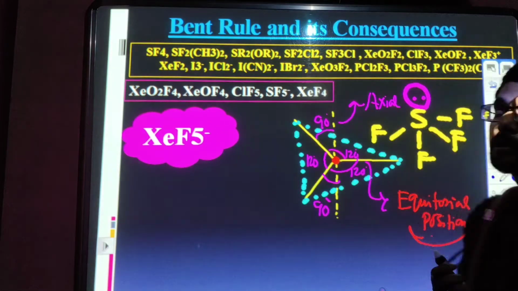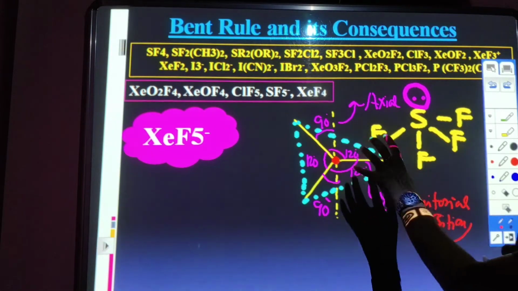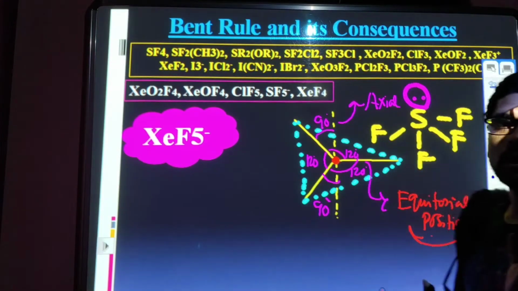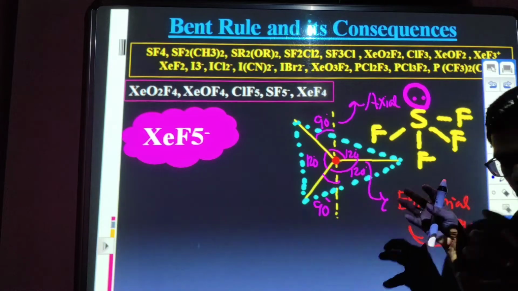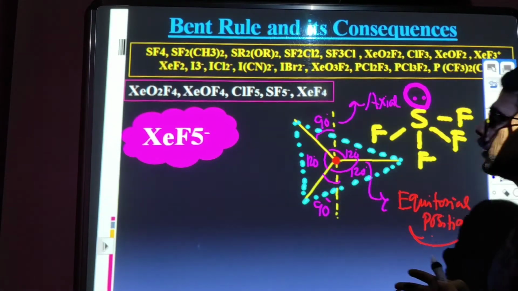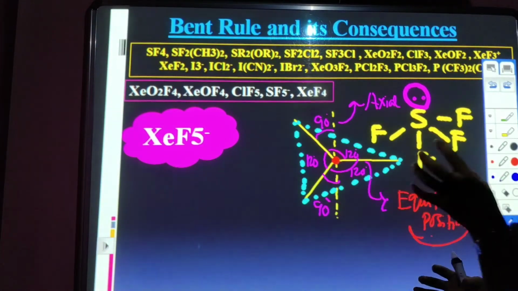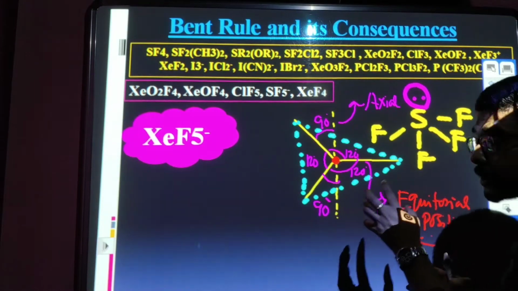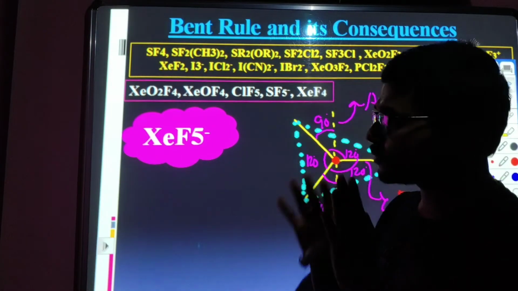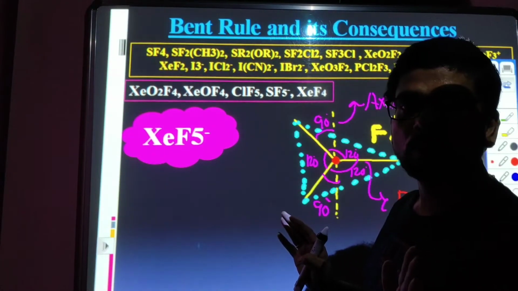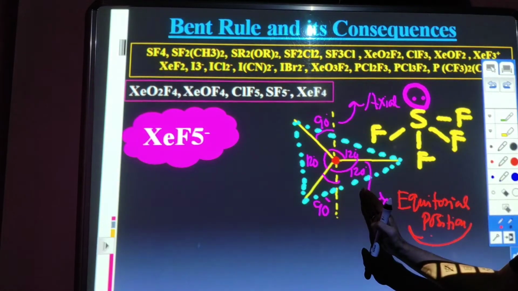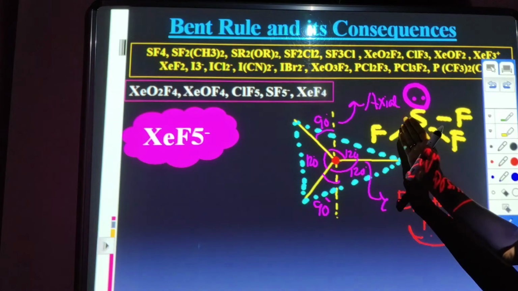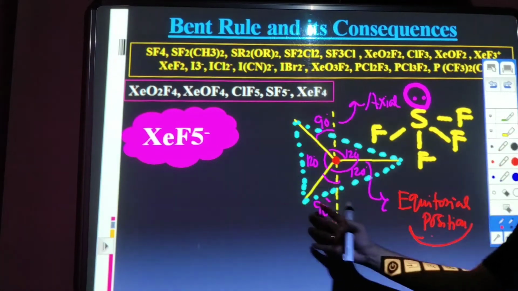Now the question is, where will you put the lone pair of electrons and where will you put the bond pairs? Can you put them arbitrarily anywhere to get the shape of the molecule? Of course not.